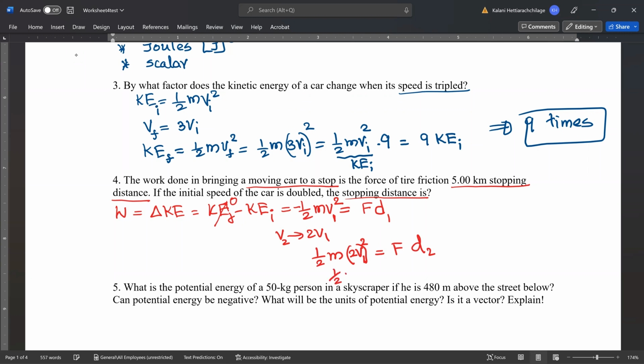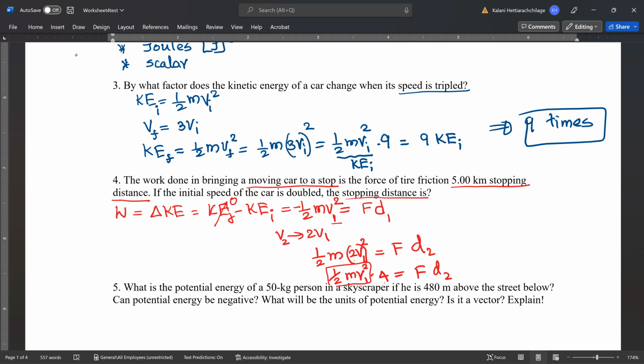Here I have half mass V1 squared, but I have 4 times of that, equal to force times distance 2, right? Your distance is proportional to the velocity to the power 2. When I have velocity V1 to the power 2, here I have twice velocity 1 to the power 2. That will make 4 times the earlier kinetic energy, right?